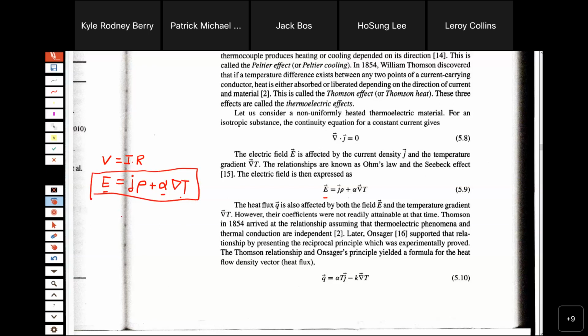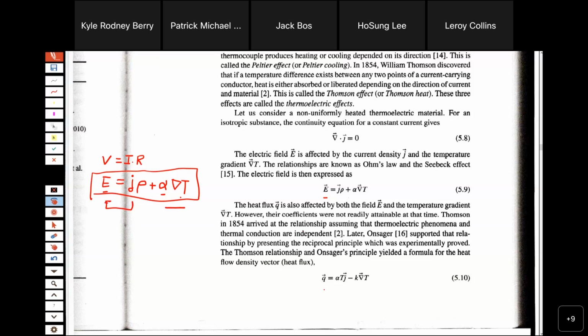Mostly this term is so small that we just use Ohm's law, but actually there is an effect of temperature on the electric field.